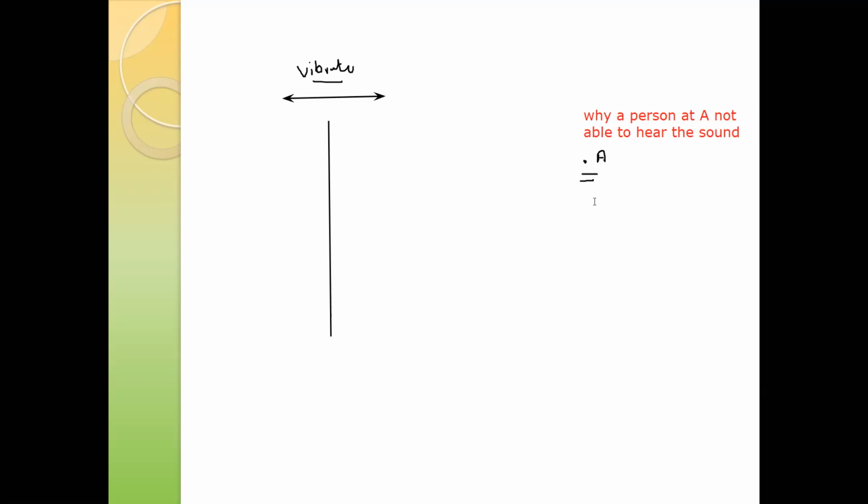There might be two reasons. Number one, maybe the sound is not in audible range. There is a range of frequency for which our ear is sensitive, and that range is from 20 hertz to 20,000 hertz, or 20 kilohertz.